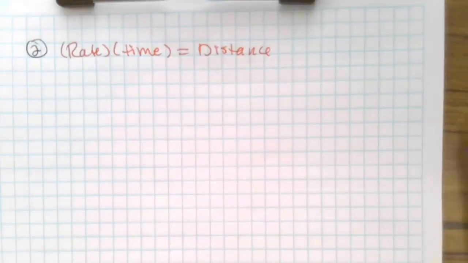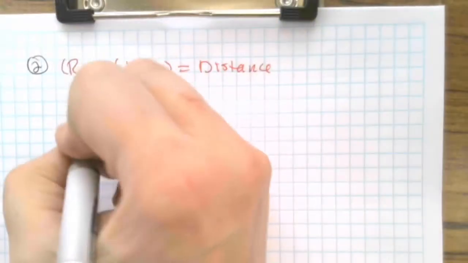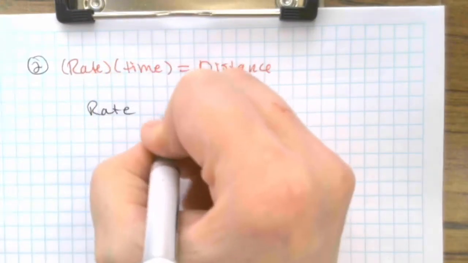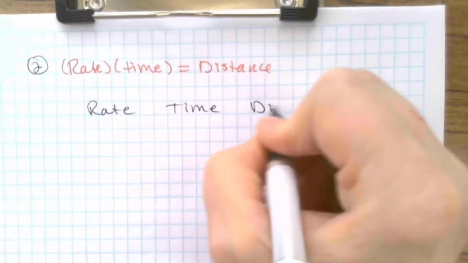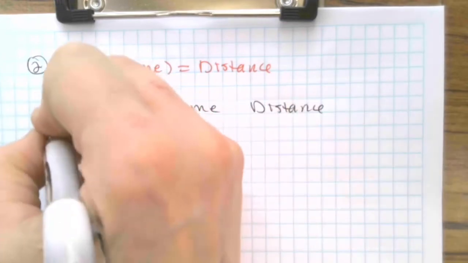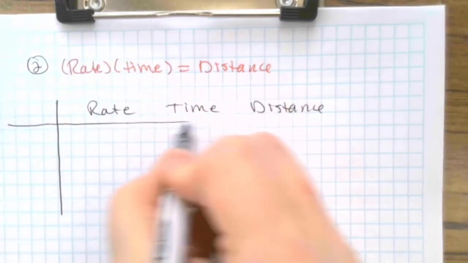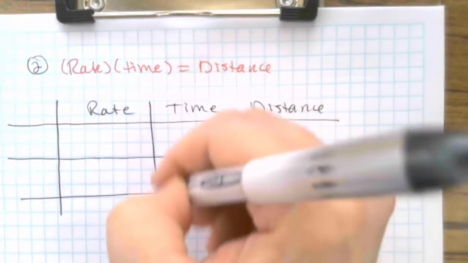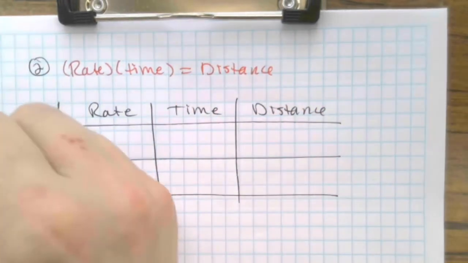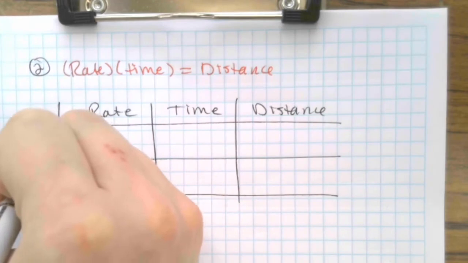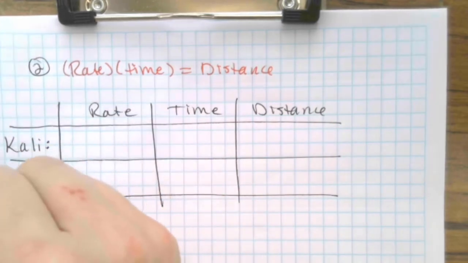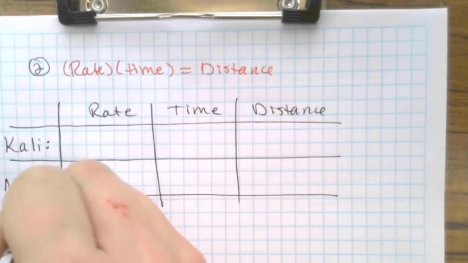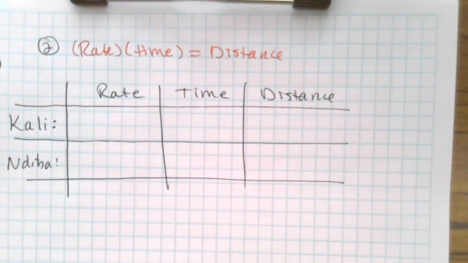So when you're doing this style of question, the easiest way to do it is to make a rate times time equals distance chart, one for each of your travelers. So I'm going to have Kali, and the second one, Nadiba, I think is how you say that.